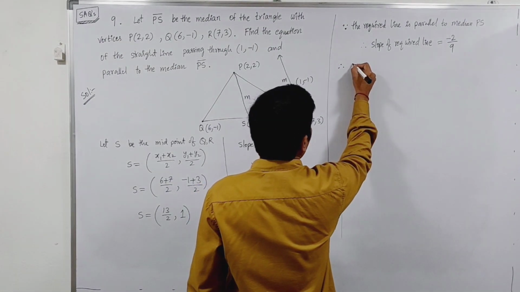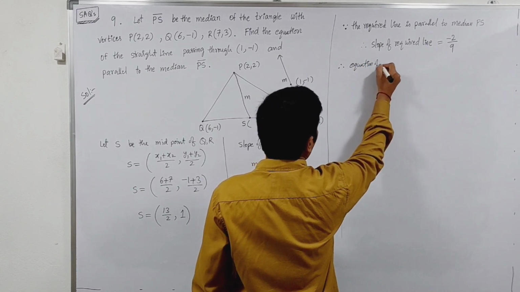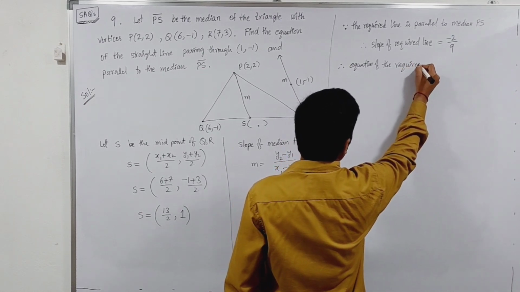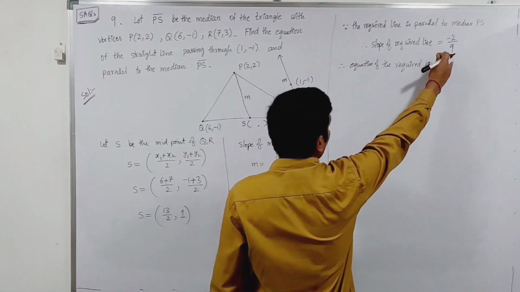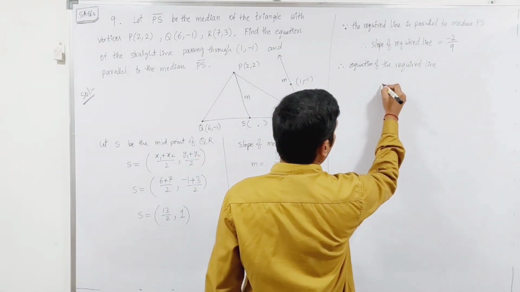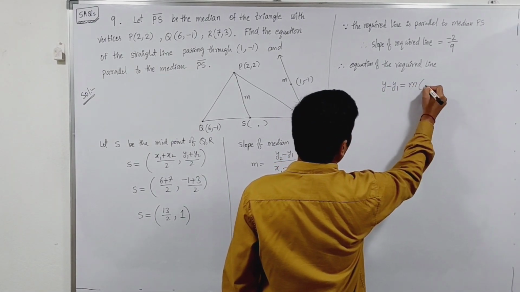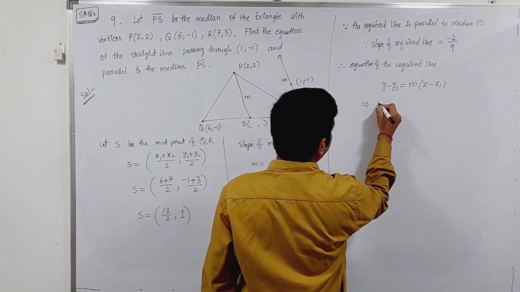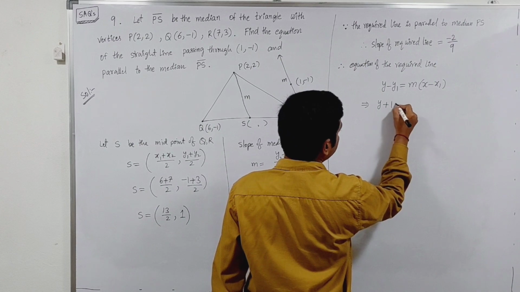Therefore, the equation of the required line, by using the slope point form of a straight line. What is the slope point form of a straight line? y minus y1 is equal to m times (x minus x1). From this, y minus y1 is here minus 1, minus of minus means plus 1.